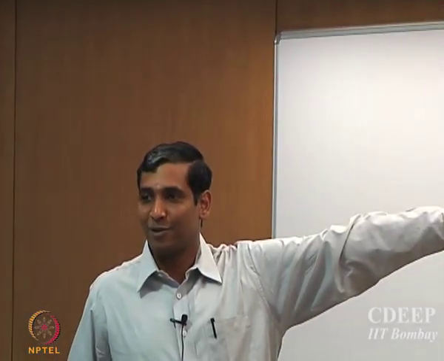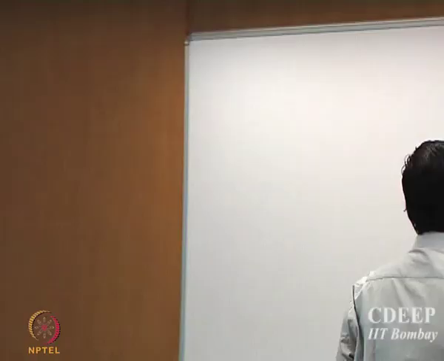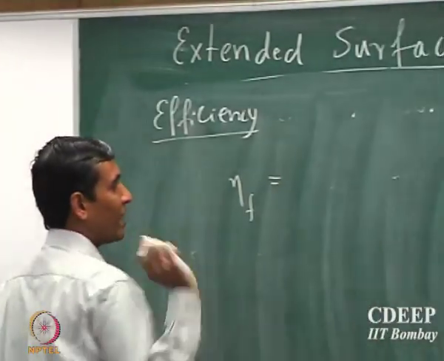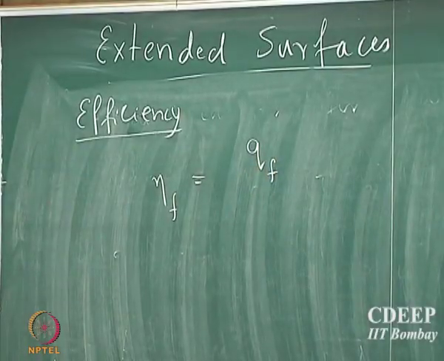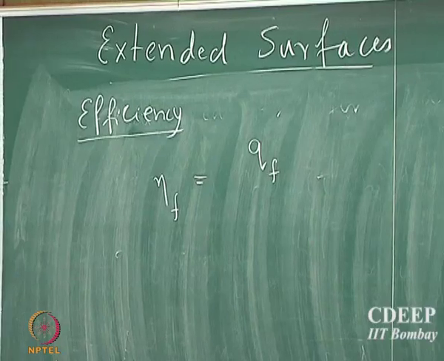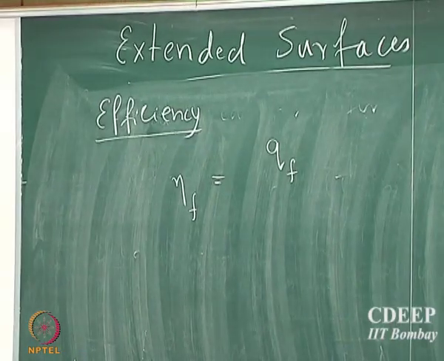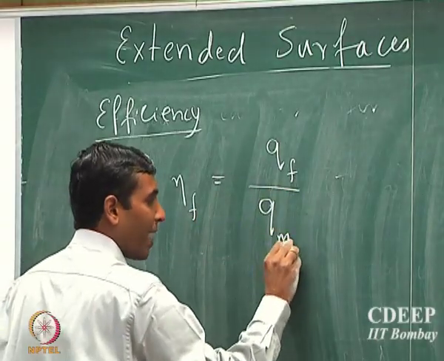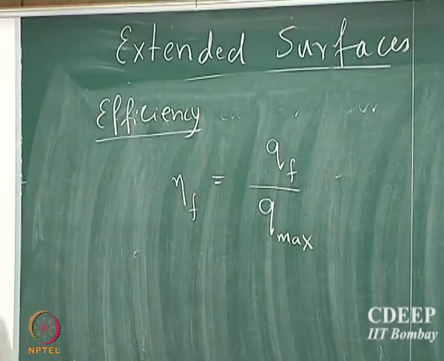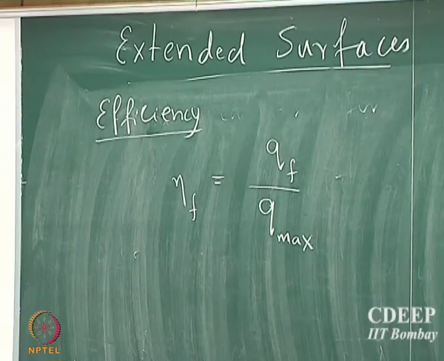So the efficiency of a fin is basically defined as the total heat transport rate, that is the total amount of heat that is transferred by the fin, divided by the maximum possible heat that can be transferred by the same fin.